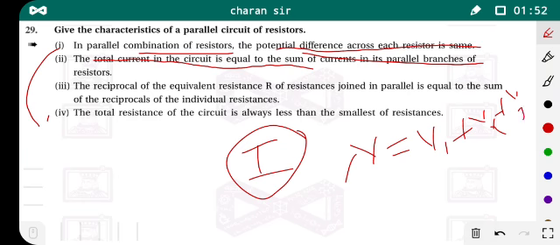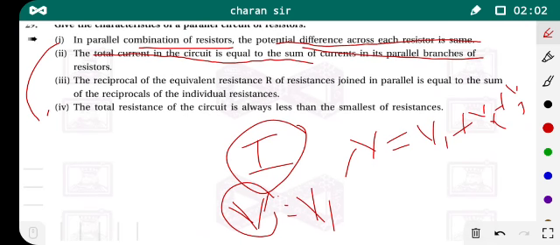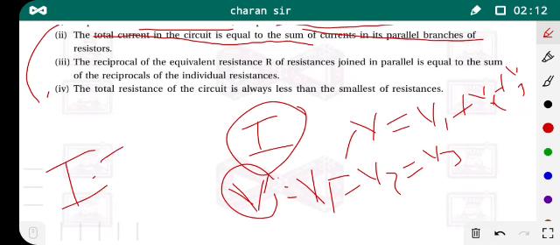But here, the voltage difference across the combination is equal to the voltage across each individual resistor, V1 equals V2 equals V3, and the current is the summation of the currents through the three resistors. We understand this by performing an activity.